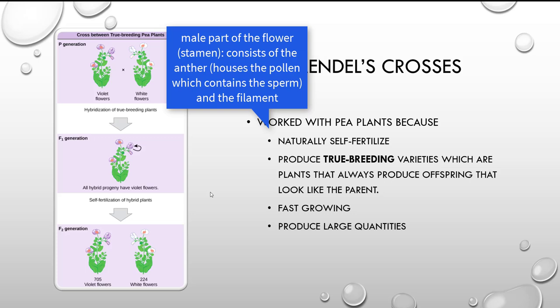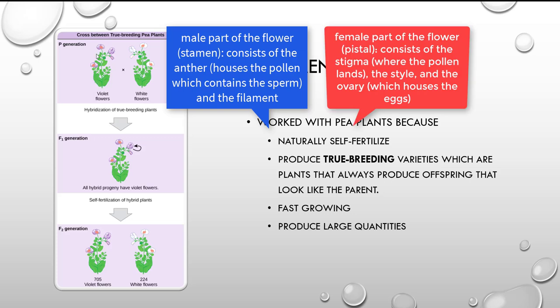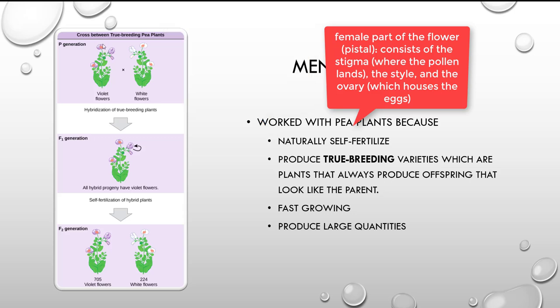Then at the base within the flower, I wish I had a better picture. Right here on the pea plant, you can see where the pollen would be on the anthers, and you have the little pollen dust. That's the male part, the sperm part.